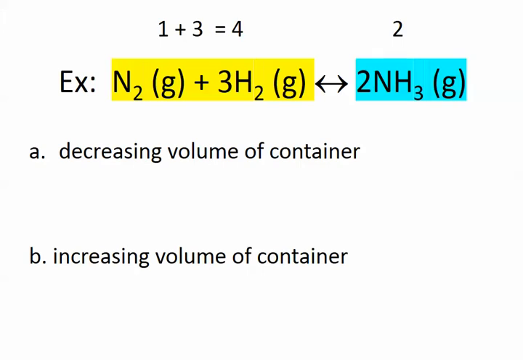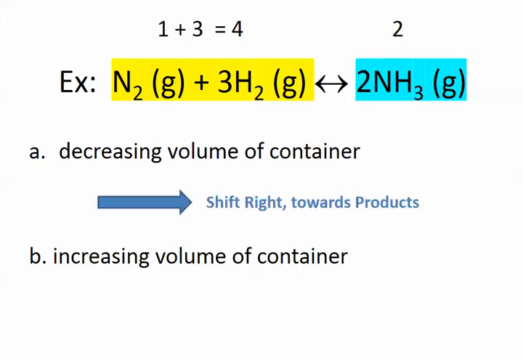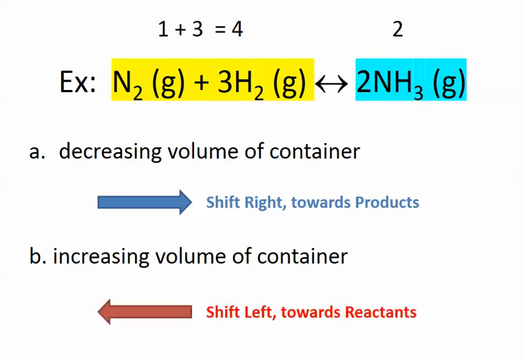So if we decrease the volume, we're going to shift to the side with the least number of particles, which in this case is the products. We're going to shift towards the products because we're trying to compensate for our decreased volume, which results in an increased pressure. Increasing the volume has the opposite effect. We're going to shift left towards the reactants.